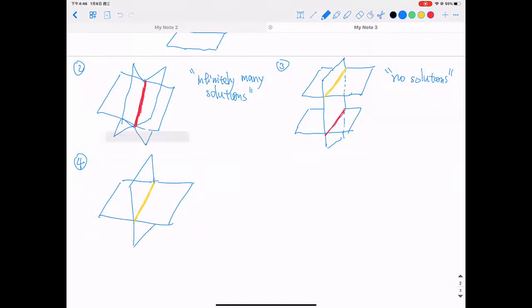And there's a third plane intersecting like that. And the third plane and the horizontal plane intersect along a red line like this.